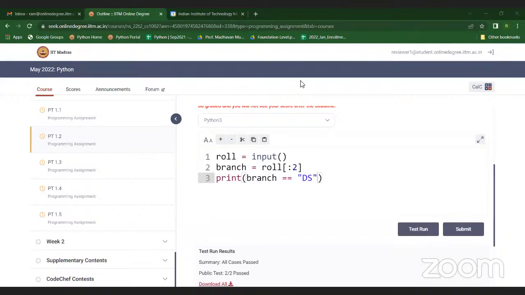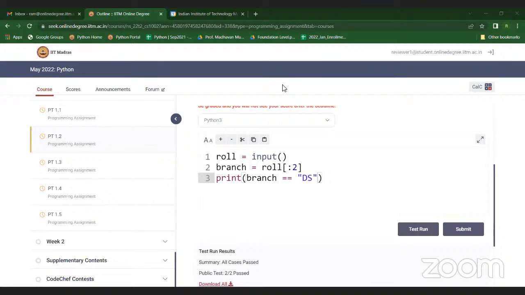Excuse me, sir. Depending upon the output of that Boolean value, if we want to print some other variable or string, how is it possible? For that you use if-else statements, which you learn in the second week.